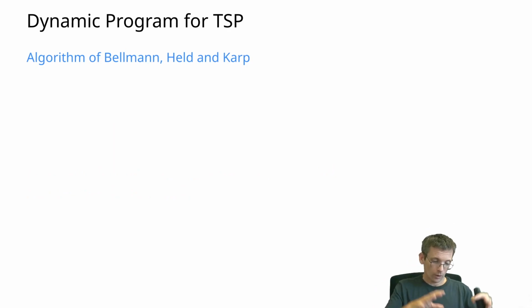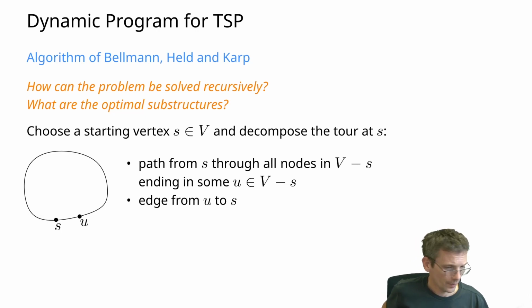Dynamic programming, we want to make use of overlapping substructures. So this is the idea. First of all, we pick a starting vertex. We have to go through all vertices anyway, so picking a starting vertex, there's nothing we can really do wrong.